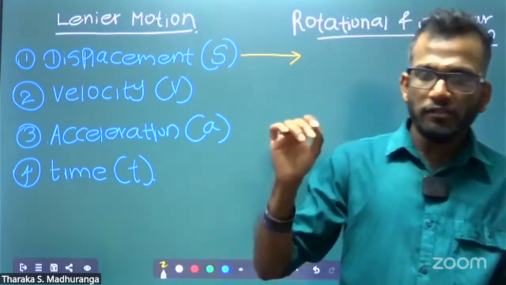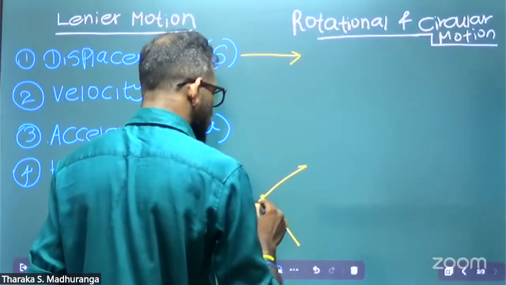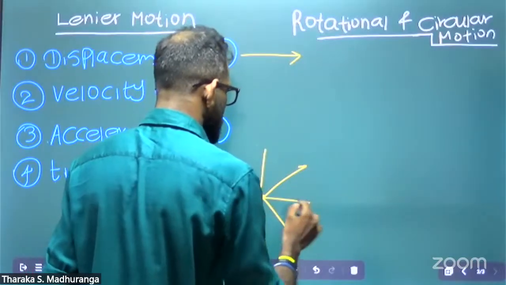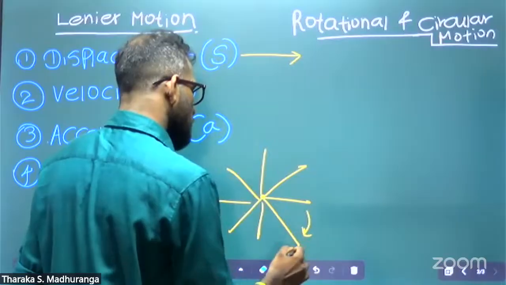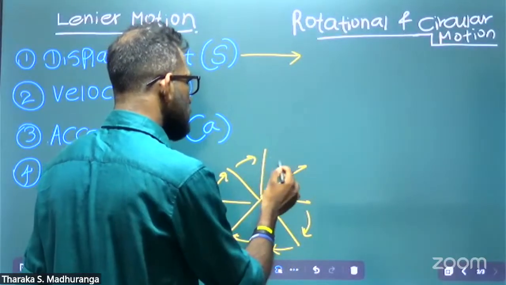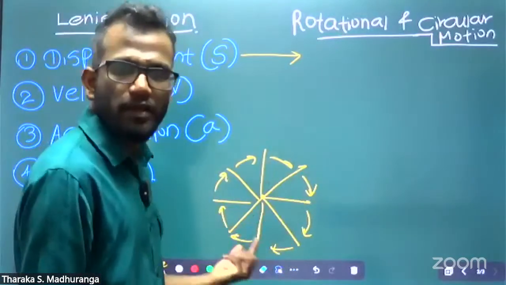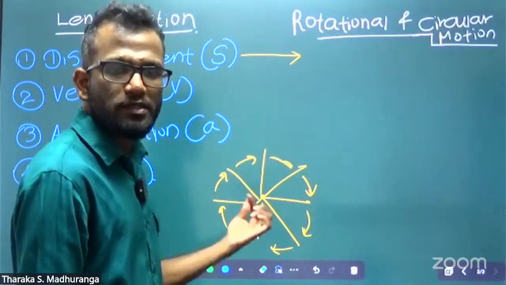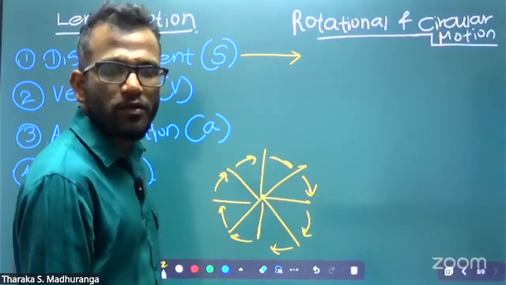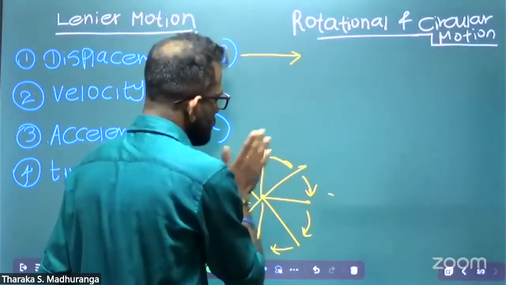Think of a rotating fan. While the fan rotates on the same point, on the same axis, there is no movement. Then we don't have displacement.